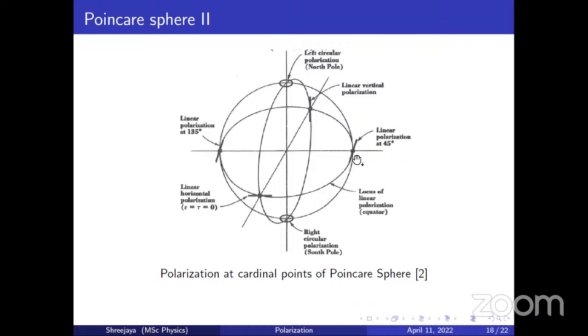And then the intersection between the equator and the x-axis. If you consider this as x-axis and this as y-axis, then the intersection will give you linear polarization. The straight lines, one at 45 degree, the other one 135 degree, and the intersection between the equator and the other great circle will give you horizontal linear polarization here and vertical linear polarization.